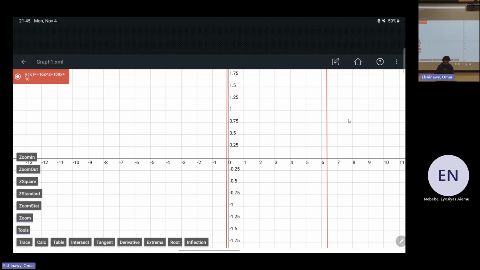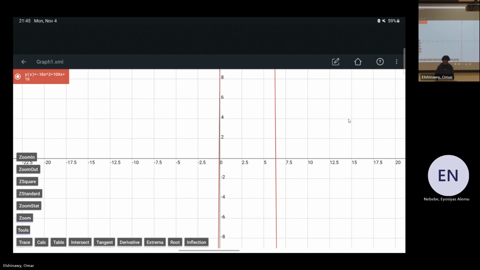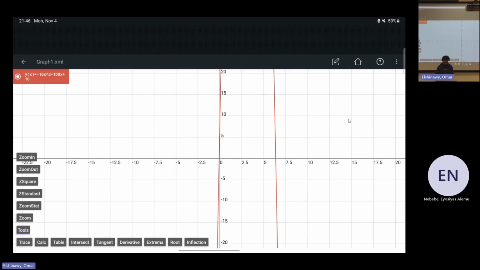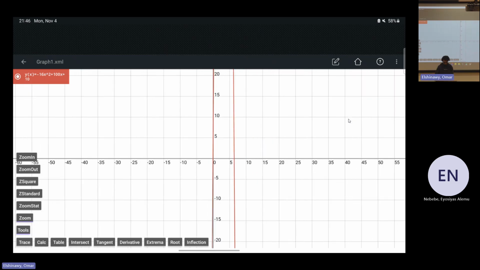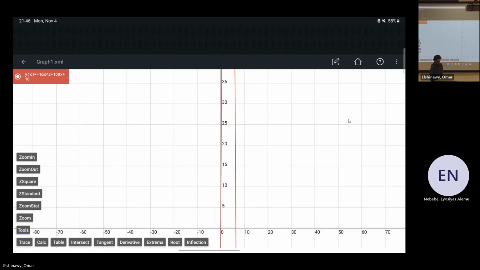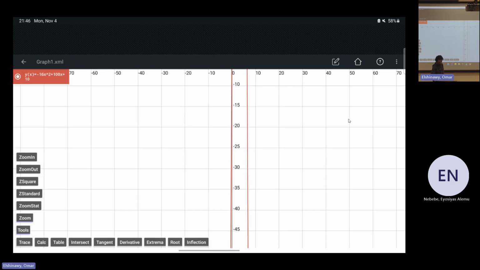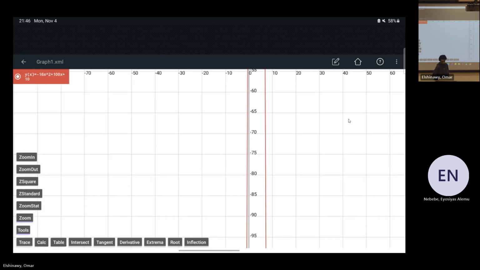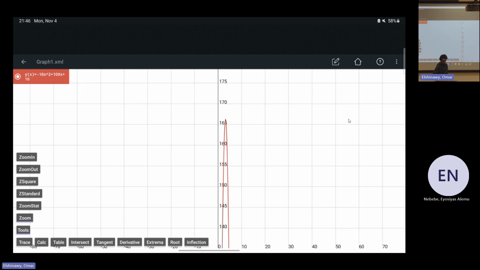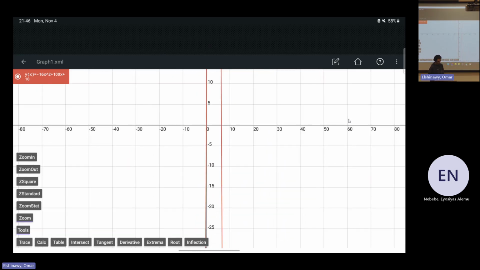Maybe I should zoom out even more. It goes up, then actually goes down. Up and down. This is its maximum. This is the graph. How can you conclude from this?